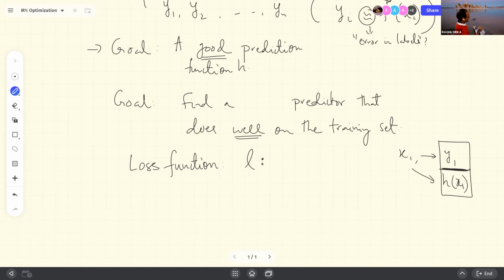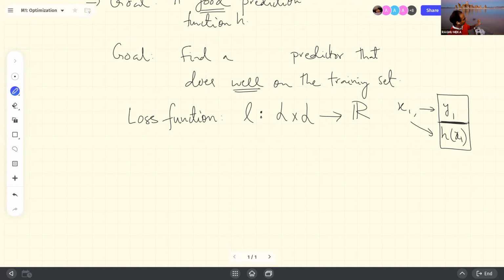So the way this comes up is in trying to design a loss function, which takes two labels. If it's a real number, it could be absolute value, it could be square, it could be something else. If it's cats and dogs, a discrete set, you might say, just tell me whether they're equal or not. And even in the discrete case, sometimes you might use something not just equality, okay?